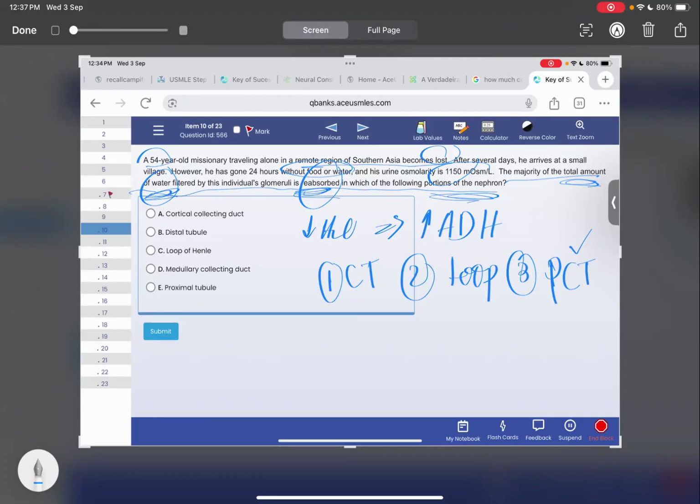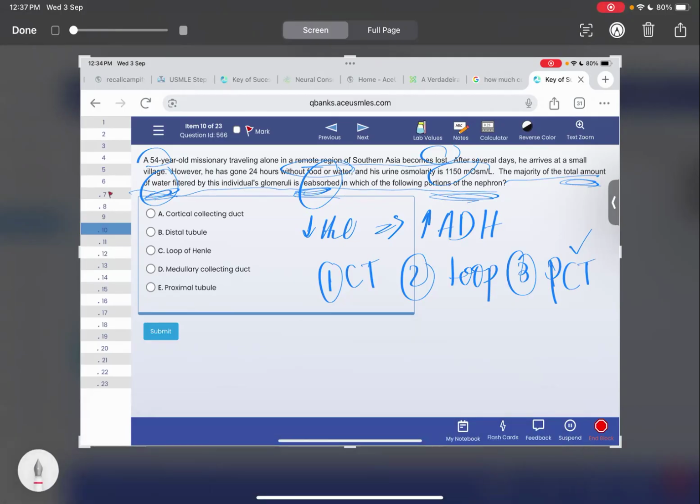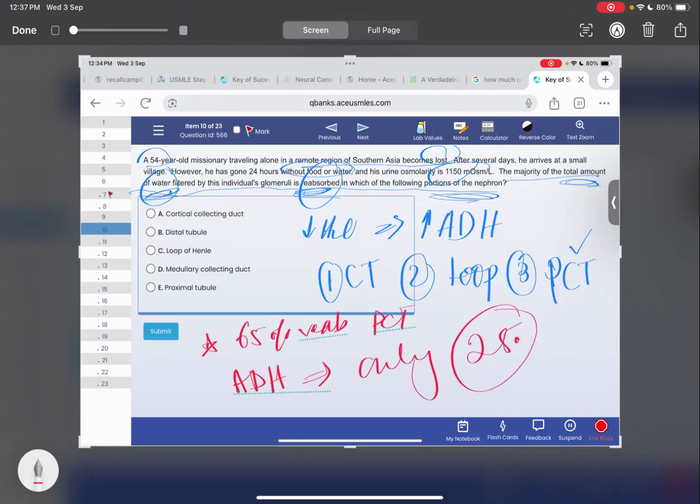The concept over here is that 65% is reabsorbed in the proximal convoluted tubule, and ADH is managing only the collecting ducts, about 25%. This 25% is doing what?